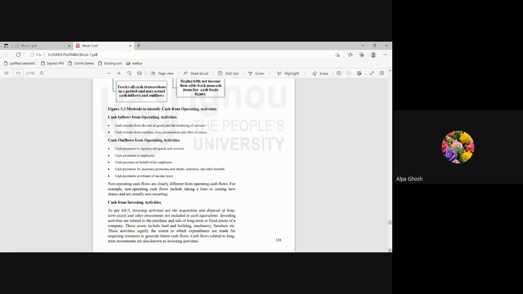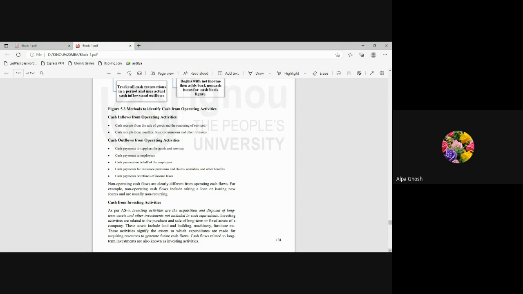Cash outflow from operating activities. They are cash payment to suppliers for goods and services, cash payment to employees, cash payment on behalf of the employees, and cash payments for insurance premium, their claims, annuities, and other benefits.